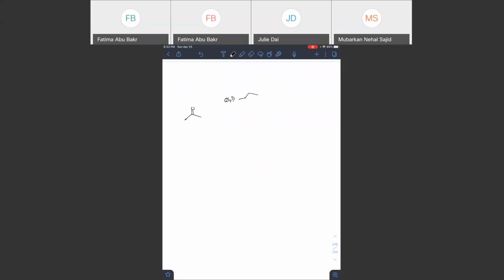And there's going to be a positive charge here. And so all this does is you simply take the carbonyl and you erase that oxygen, and then you just attach on the portion of the carbon that was attached to the phosphorus or the ylide, right? And so this reaction can also involve some other things, which we'll talk about in a second.